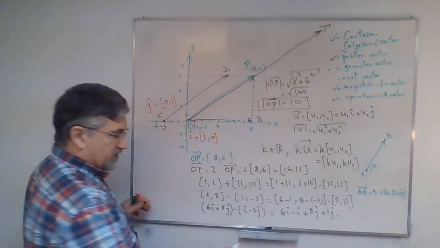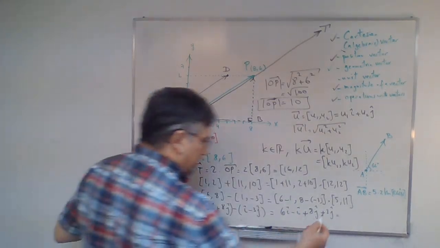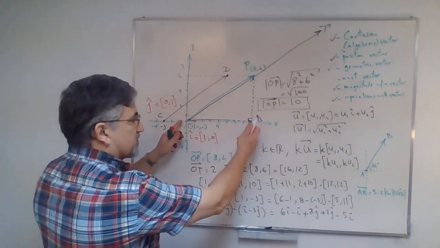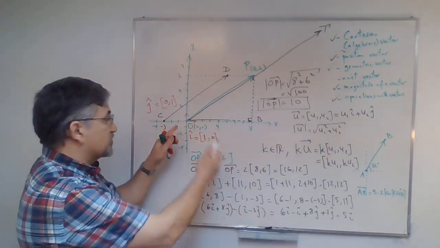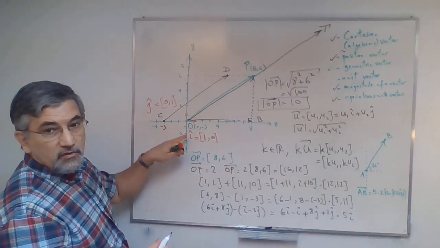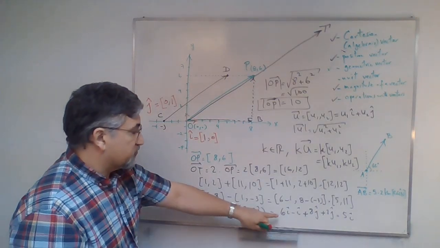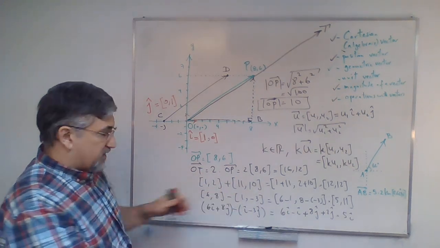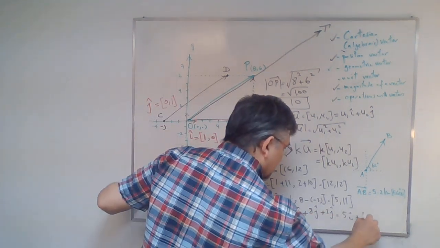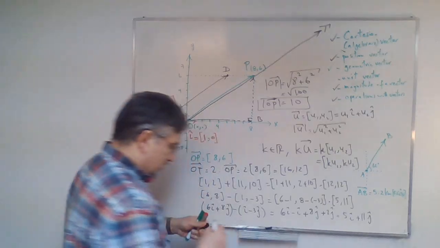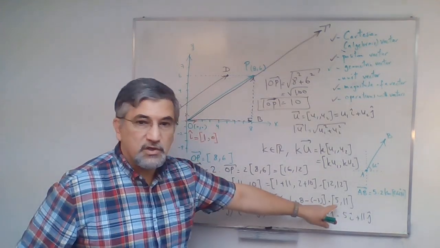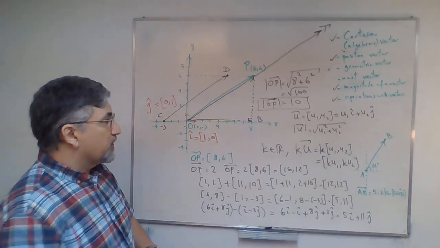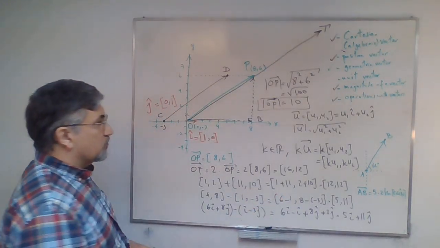So 6 I hat minus 1 I hat will be 5 I hat, because imagine you have a vector along the x-axis, which is 6 times the length of unit vector I hat, and then you subtract 1 times vector I hat. So that will be 5 I hat, and then plus 11 j hat. And you see that it's the same answer that we got before in the Cartesian form. So that's how you can work with unit vectors.